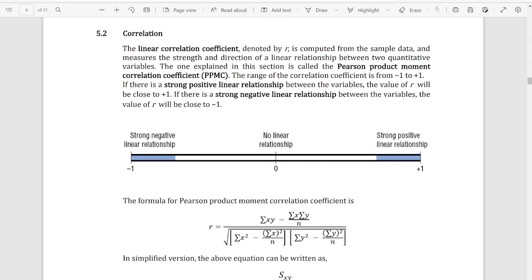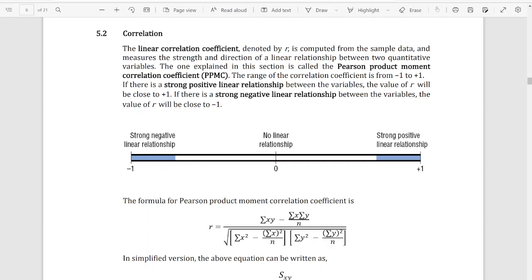So once you have made your preliminary exploration through the scatter plot, the next thing is to support your views on the scatter plot, support whatever that you have found from the scatter plot by a numerical measure.